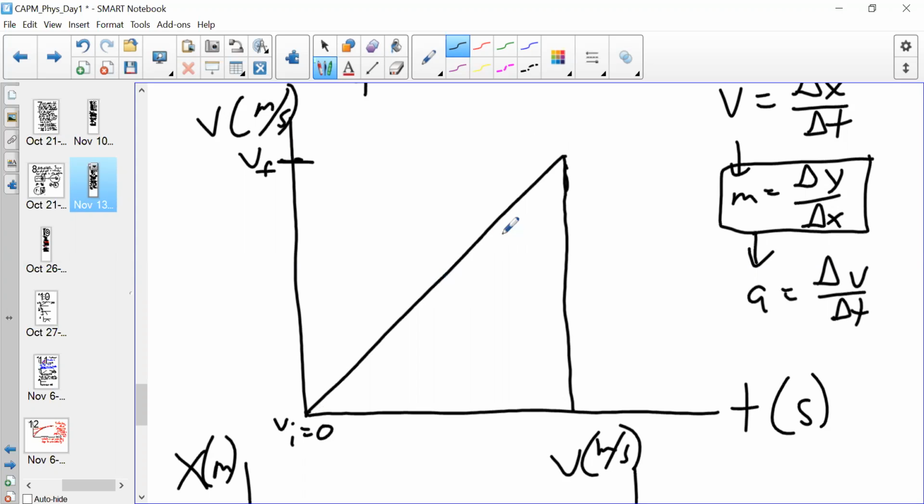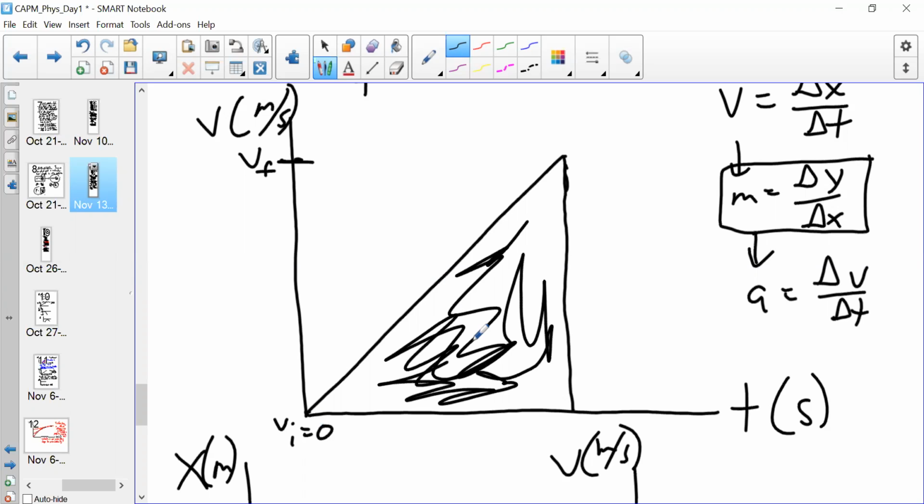So what we formed here is a right triangle. Anybody remember the area of a right triangle? The basic formula for that: base times height divided by 2. Yes, 1/2 base times height. So we're going to take the area of this guy.